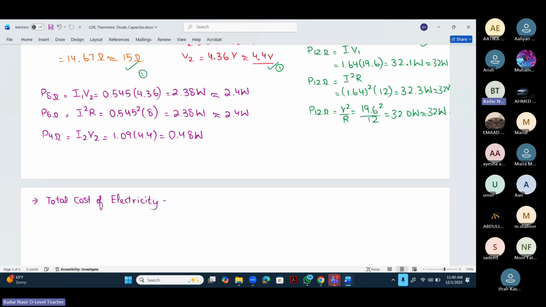Now the formula is power in kilowatt times time in hours times cost of electricity per unit.